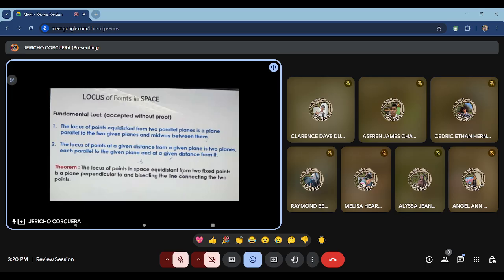So here are the fundamental loci. Yeah, this is the midway one. And then two planes. And then we have here the theorem as well.